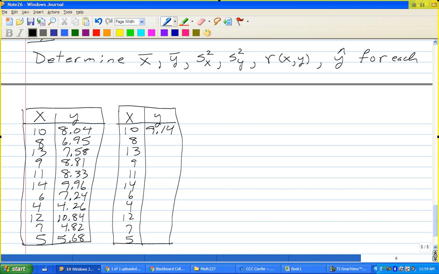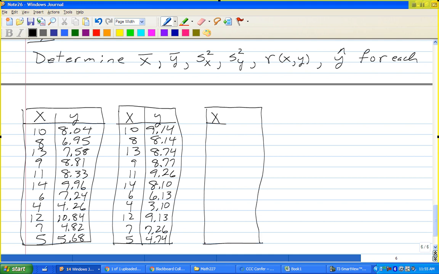And y2: 9.14, 8.14, 8.74, 8.77, 9.26, 8.10, 6.13, 3.10, 9.13, 7.26, 4.74. Okay, and then the next column of data.